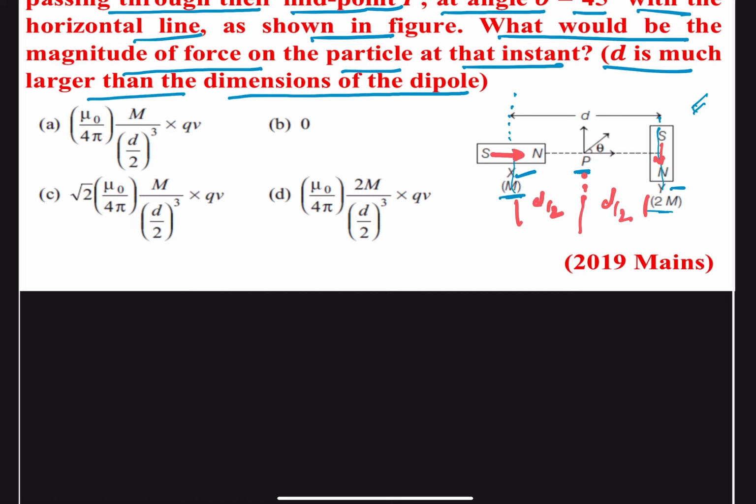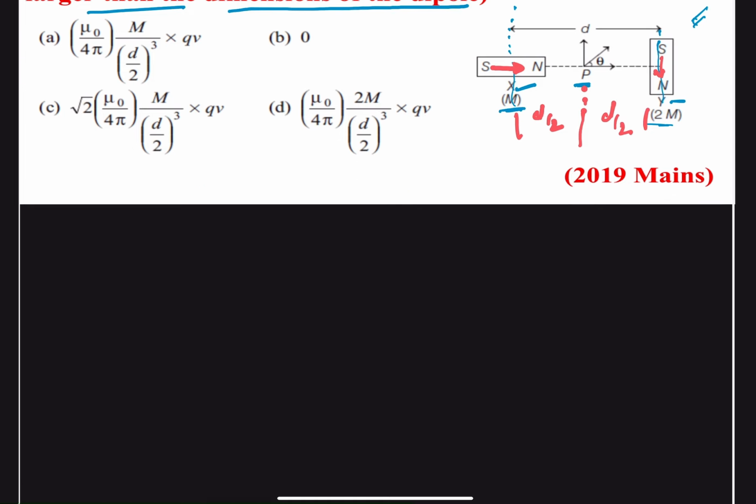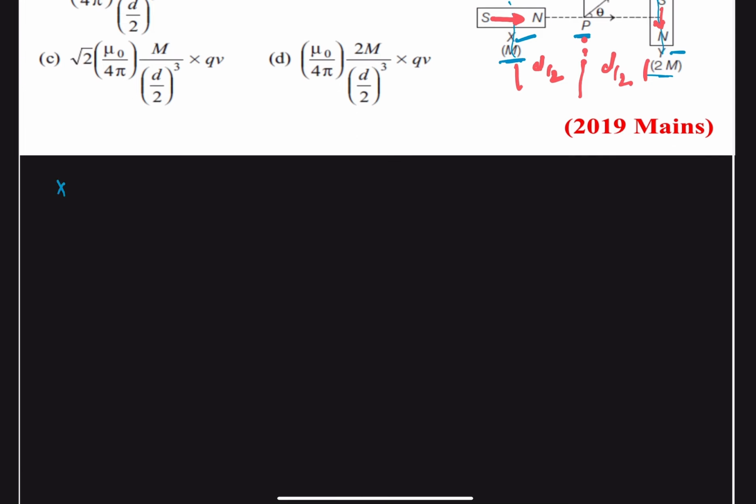So we know that the magnetic field is equal to mu naught I upon 2 pi r. So we can say that the magnetic field B will be equal to mu naught I upon 2 pi r, where I is the current and r is the distance.